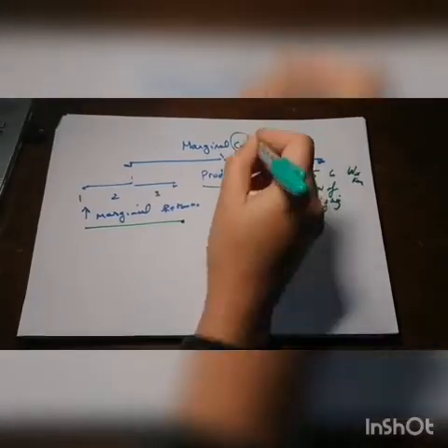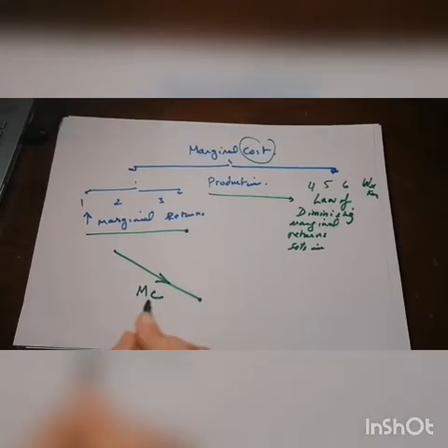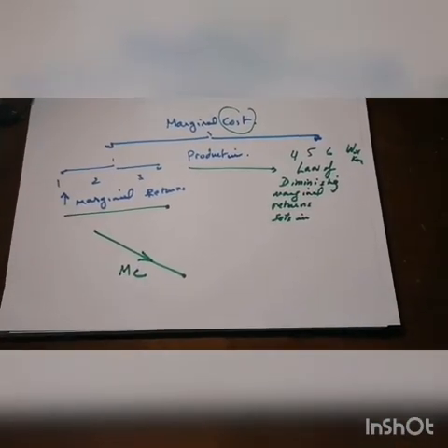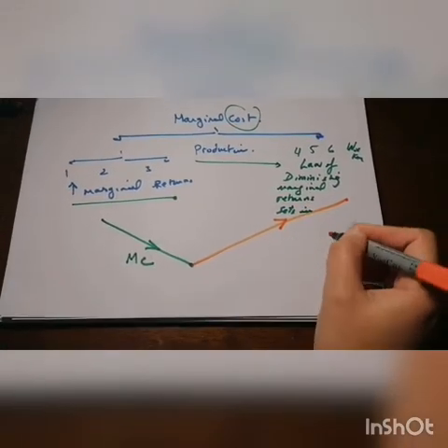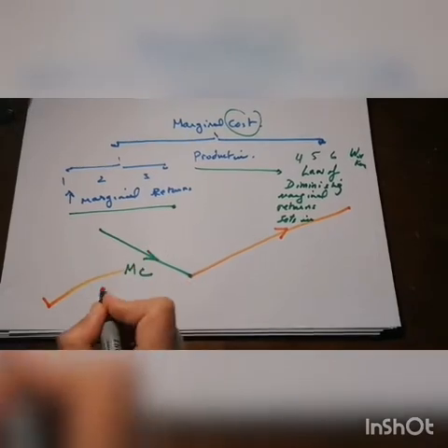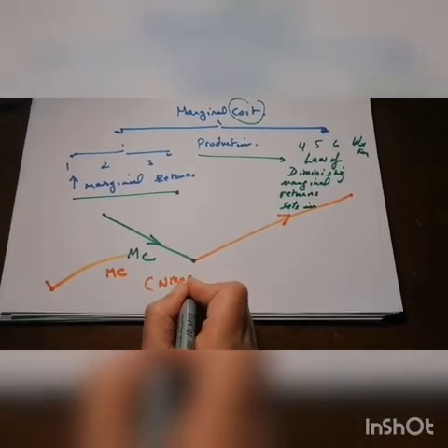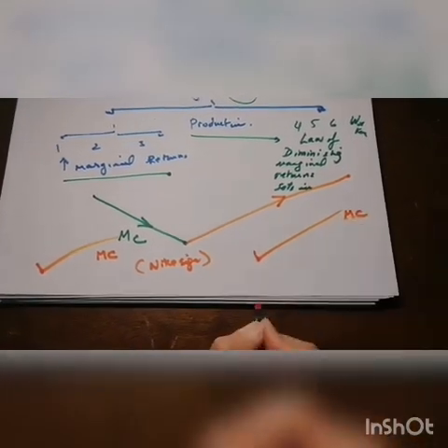So the marginal cost, because it's the cost of production, is falling. The marginal cost is falling. And then when the law of diminishing marginal returns sets in, the marginal costs of the firm start rising. So as you can see, you can call that the MC looks like the Nike sign. Okay, the marginal cost. Why do you draw it like that?